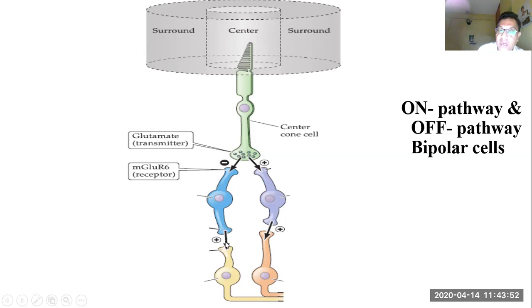A hyperpolarized cell will not release neurotransmitter, which is also glutamate in this case. So, when the receptor receives light, it becomes hyperpolarized, doesn't release much glutamate, and thereby this cell becomes depolarized.